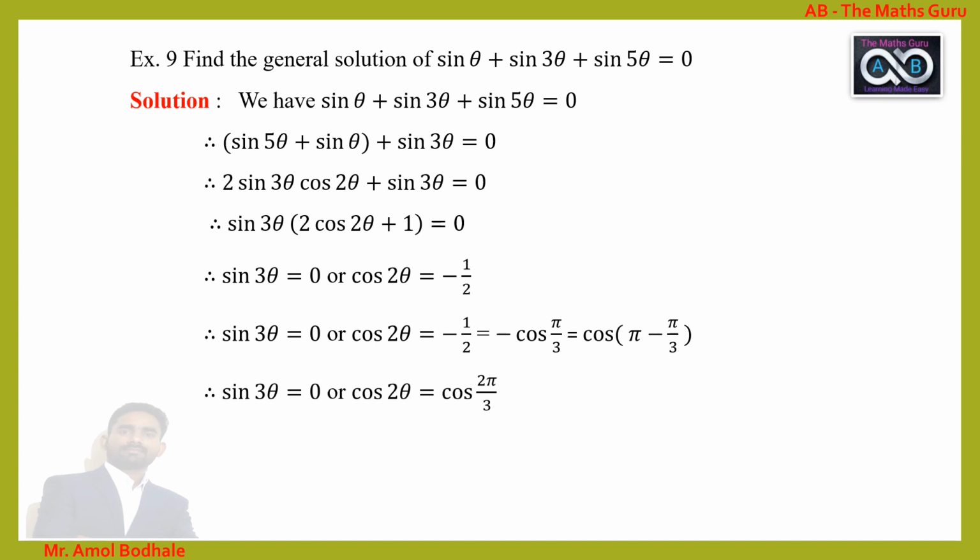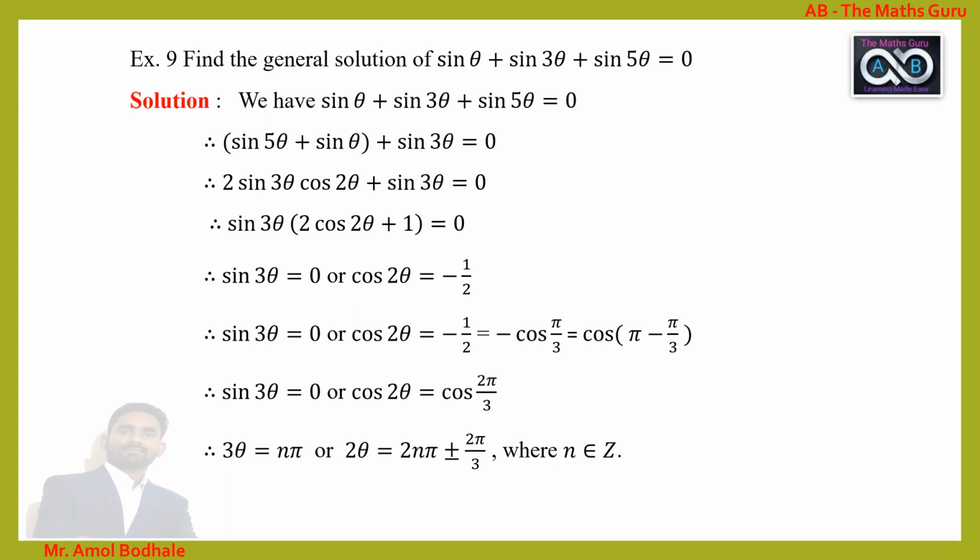So we get sin 3 theta equal to 0 or cos of 2 theta equal to cos of 2 pi by 3. So here we can use the formula: sin theta equal to 0 means theta should be n pi. Here theta is 3 theta, so 3 theta equal to n pi. Similarly, here we can use the formula: cos theta equal to cos alpha, then theta equals 2n pi plus or minus alpha.